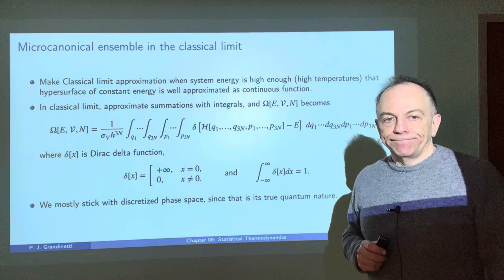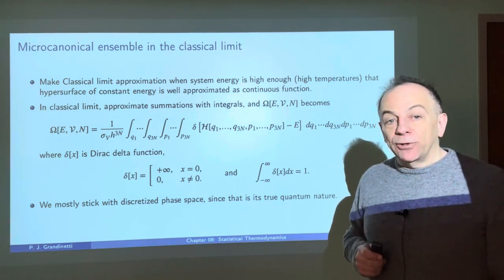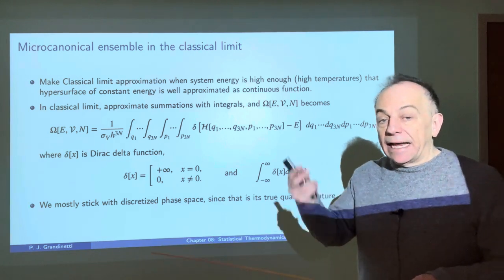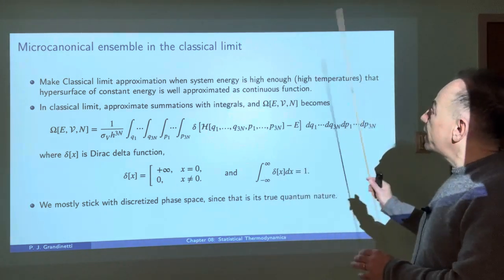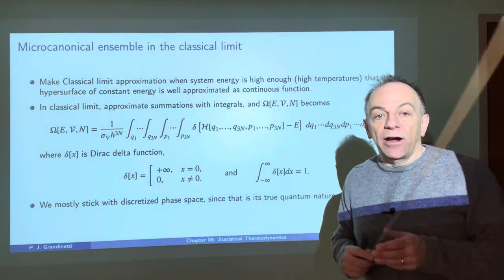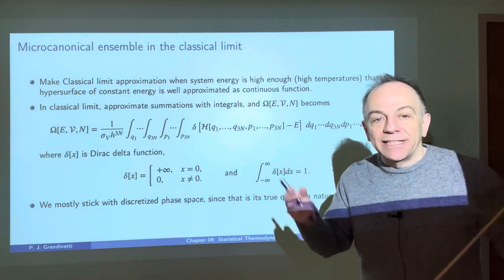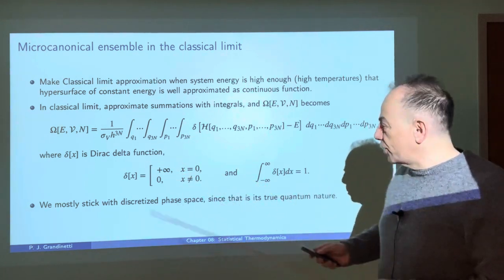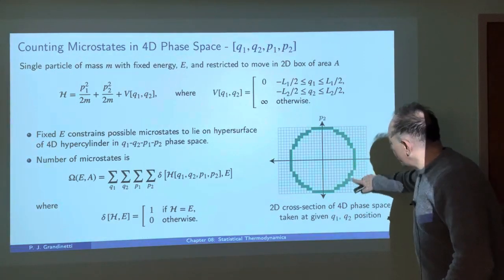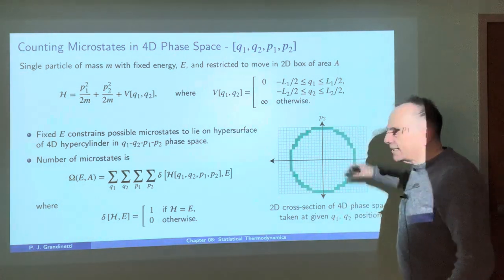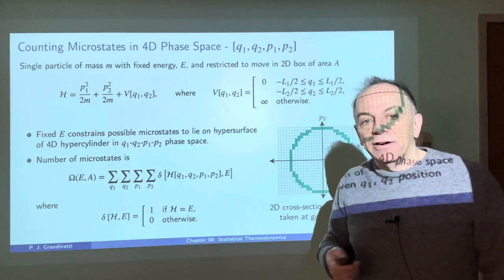All right. Now we can make the classical limit approximation when the system energy is high enough, that is to say at high temperatures, that the hypersurface appears continuous in our pixelated or voxelated phase space. Okay, so we know that in those earlier pictures that I showed you, the surface of our hypersurface was not continuous. We could see the discreteness of our phase space.